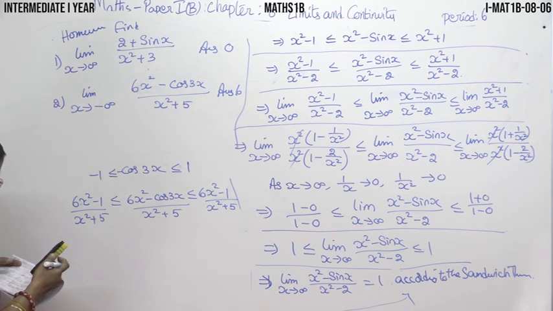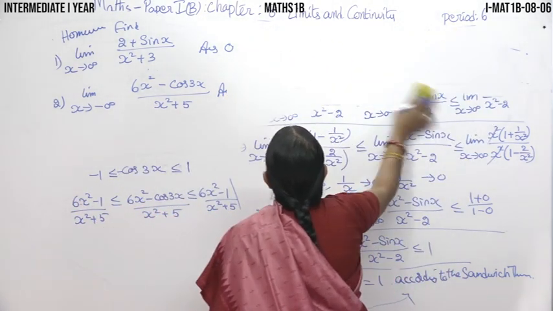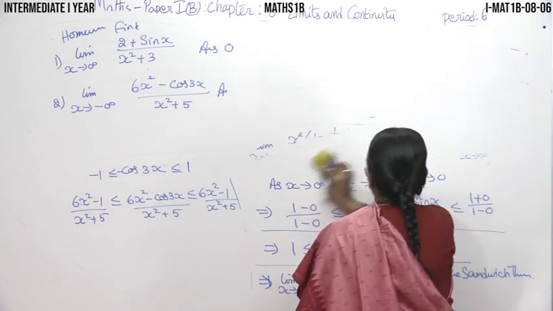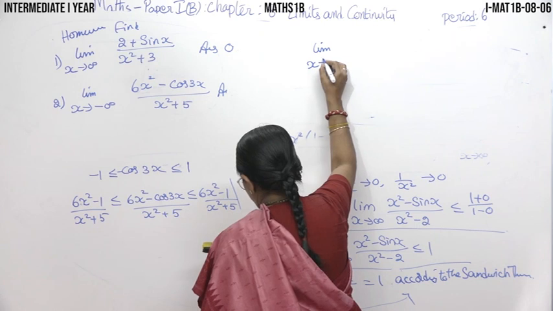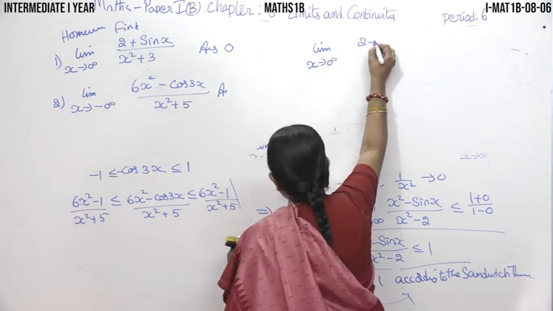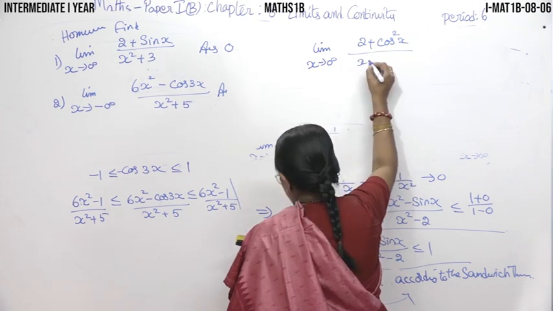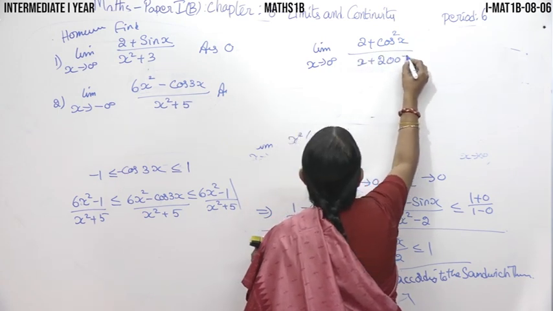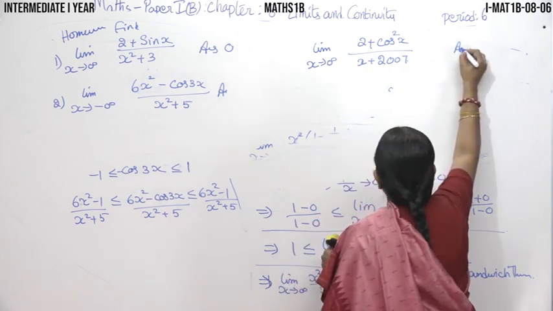Then one more problem is there. I'll give that also. So next you can try this problem also. Limit x tending to infinity of (2 plus cos square x) by (x plus 2007). The answer is 0.